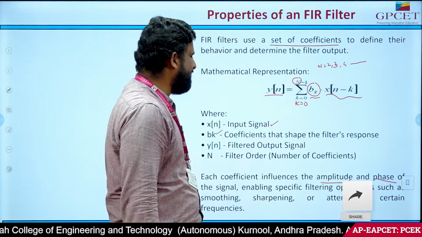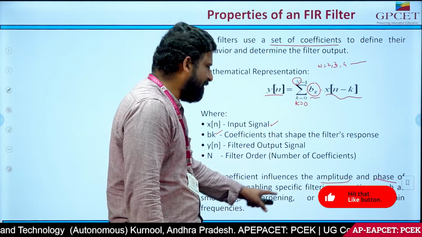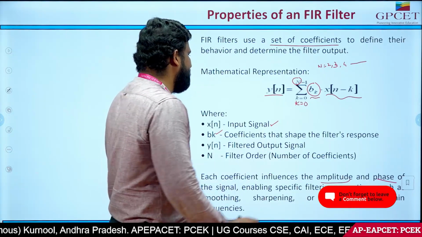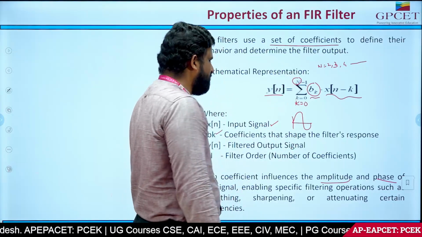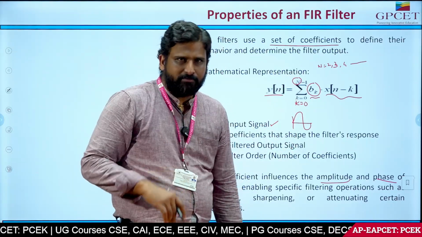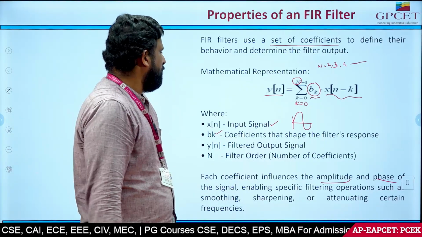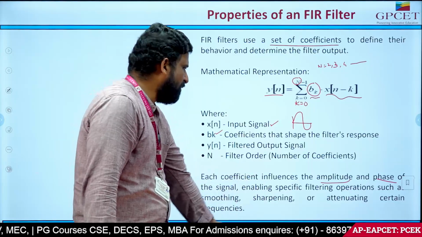What are the specific filtering operations? It smoothens the signal, it sharpens the signal, or it attenuates the signals. By doing all these things, the particular shape of the filter response will be obtained. That's why b k is said to be a coefficient that shapes the filter response, because of these particular operations.